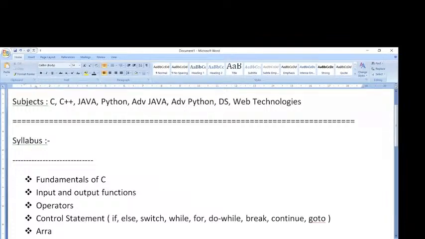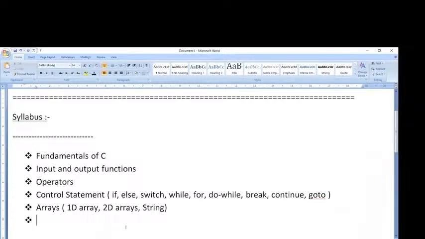Now, 2D arrays, strings, then I will explain structures, typedef, which means user-defined data types.